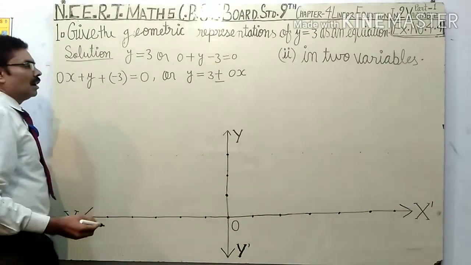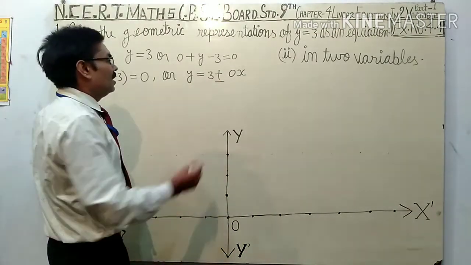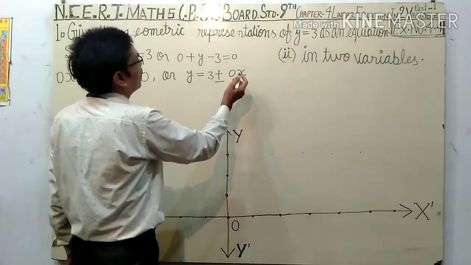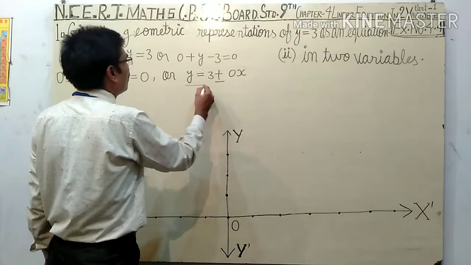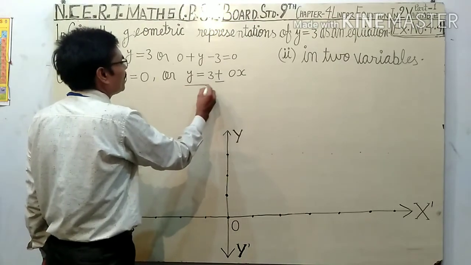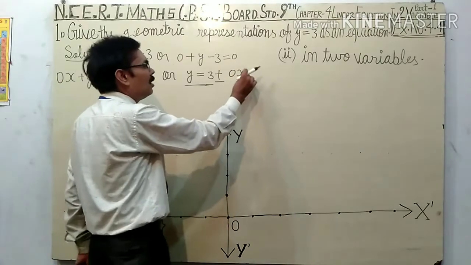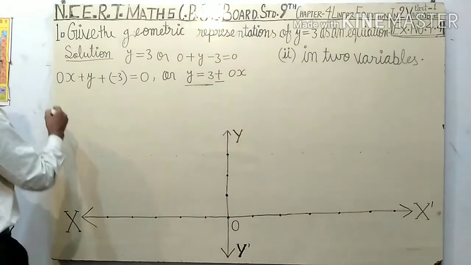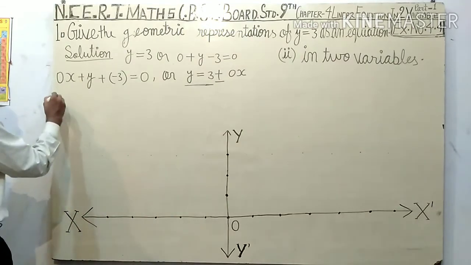Now you may understand, if x is equal to any non-zero integer, suppose 100, 0 times 100 can't affect the value of y equal 3. Thus you will get only 3 every time, no matter what value you put in for x. So students, take several values of x as possible.